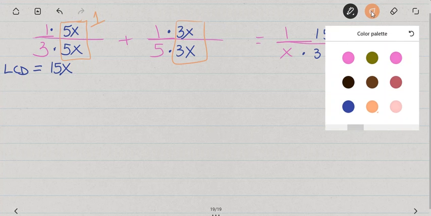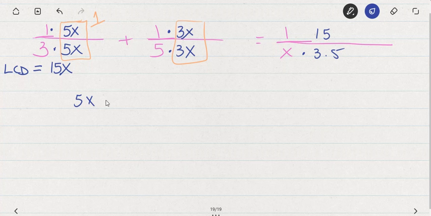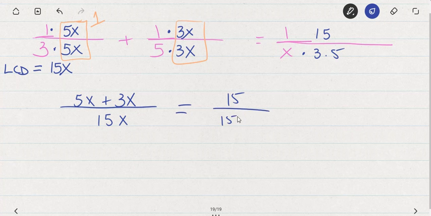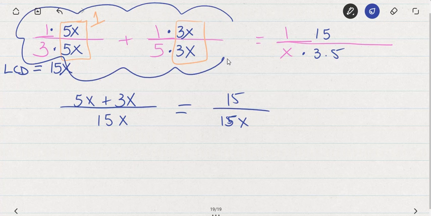What we have here is 5x plus 3x all over 15x equals 15 over 15x. I did that by adding these two fractions.